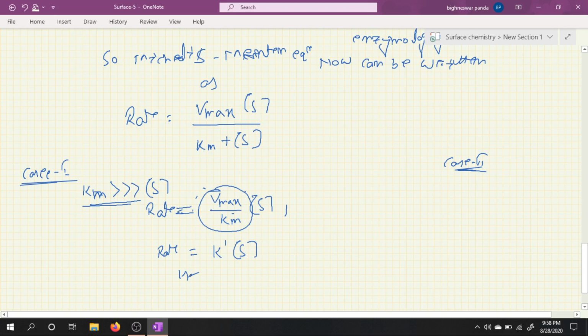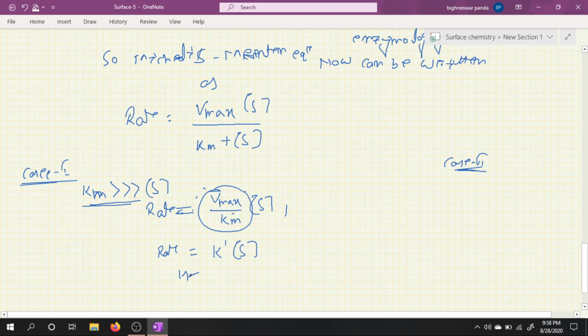So rate is equal to Vmax S divided by S, so rate is equal to Vmax. When the substrate concentration is very high, the enzyme catalysis follows zero order. So rate is equal to a constant. So this is all about the Michaelis-Menten equation.